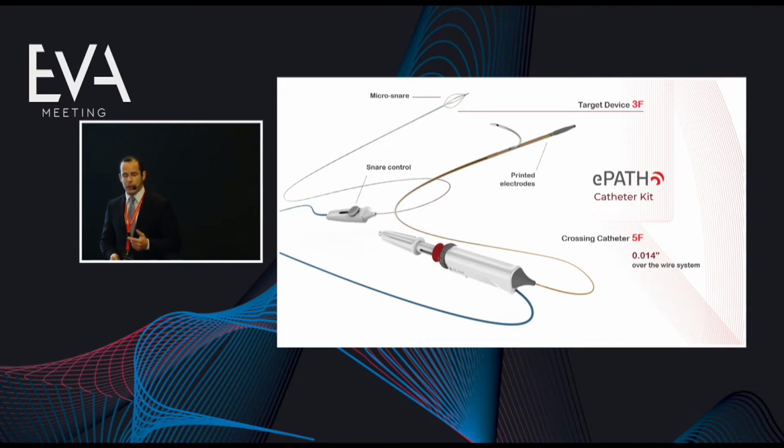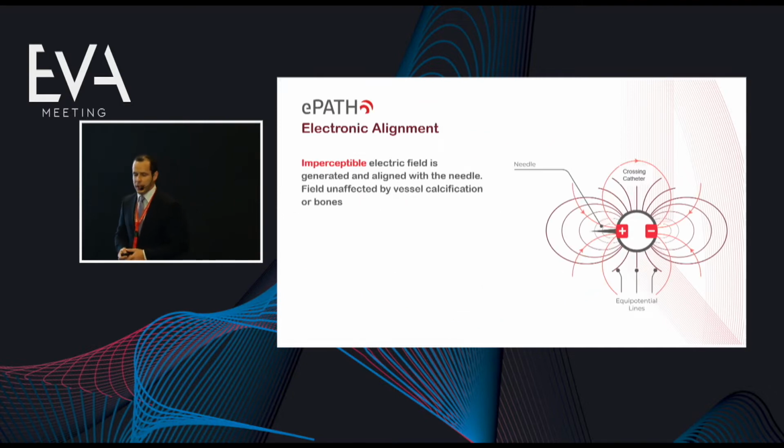On the launch catheter there are printed electrodes and a nitinol crossing needle, used to cross the vessels. The needle can be regulated in depth in order to reach vessels which are closer or farther away. You can also push the needle with quite a good effort to have good pushability, which I think is a great thing.